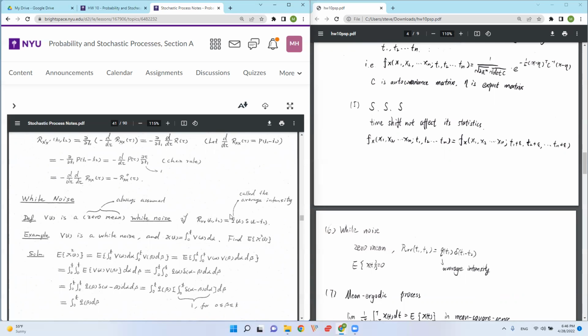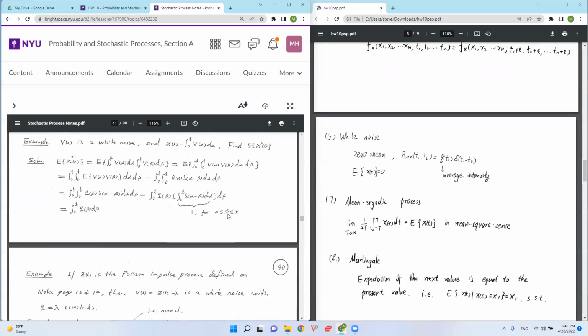So it's pretty much defined on this average intensity. Any single value would be almost independent of itself, and at any different times, their values are uncorrelated.